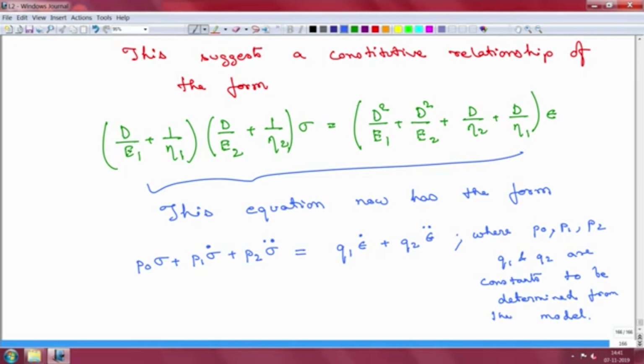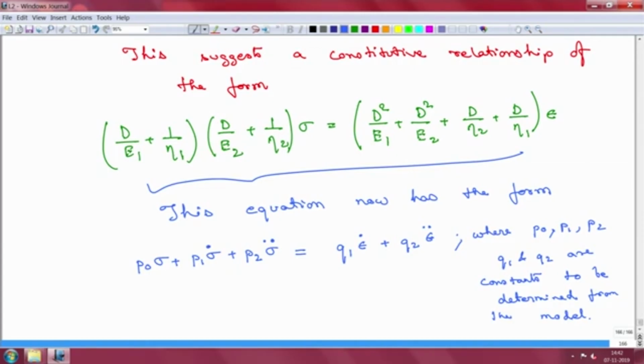Right. So, we see that by having two Maxwell elements juxtaposed with each other, we have created a situation that leads us to an ordinary differential equation, once again relating stress and strain.